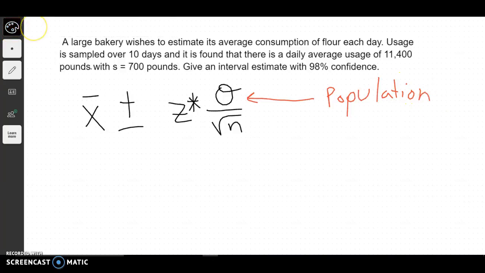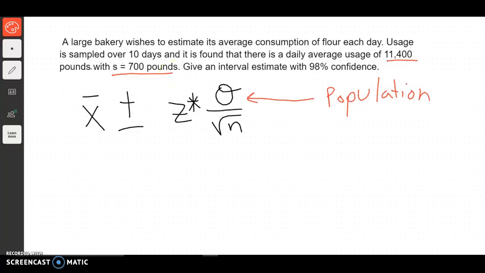Today's distribution and moving forward, we might not have the population standard deviation. So let's read this through. It says a large bakery wishes to estimate its average consumption of flour each day. It sampled over 10 days and found their daily average usage was this amount of pounds, and their sample standard deviation was 700.